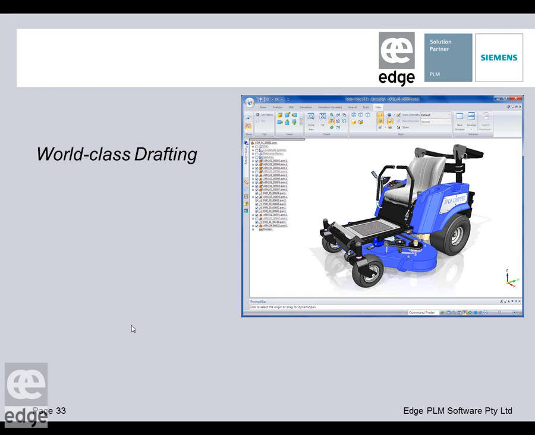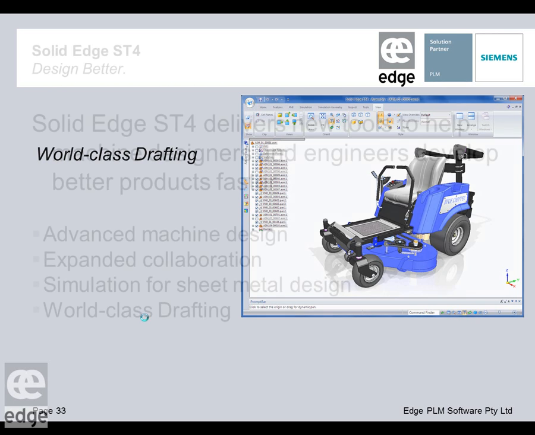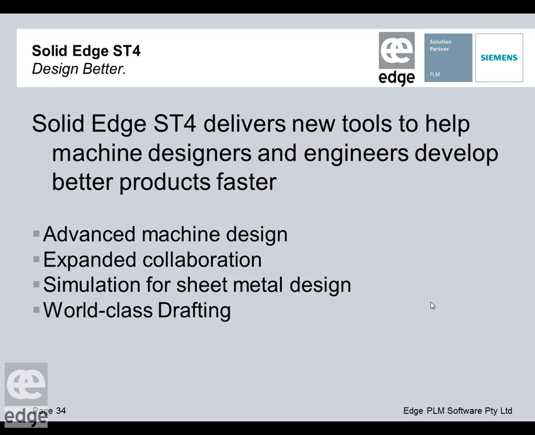So back to our slides briefly, and let's summarize. ST4, this release is, if you like, a consolidation release. In ST3 we saw some quite dramatic changes. The changes in ST4 are less dramatic, but in no way less effective.